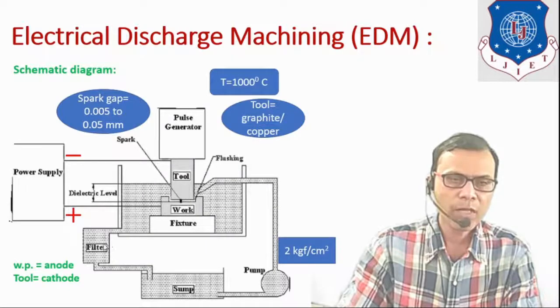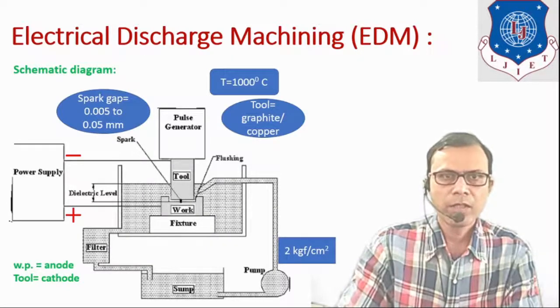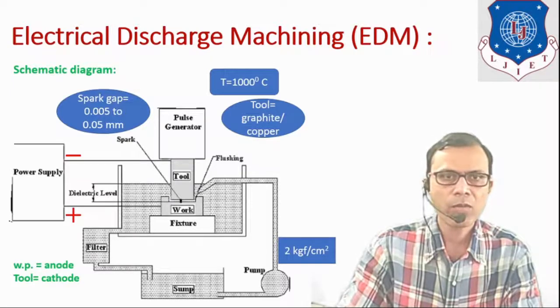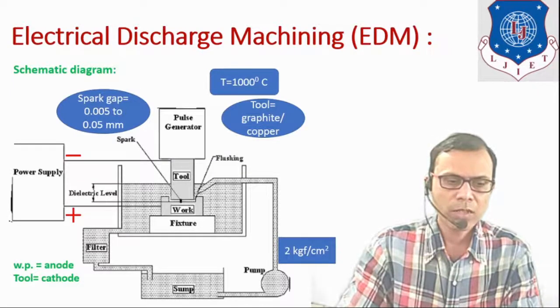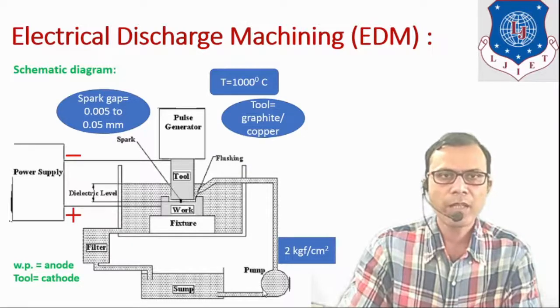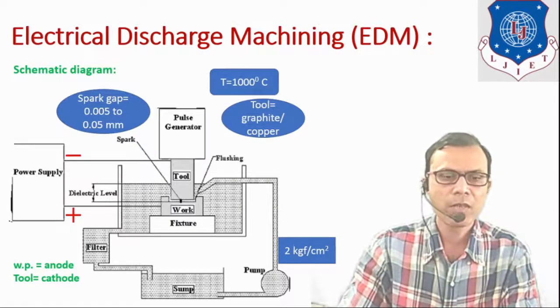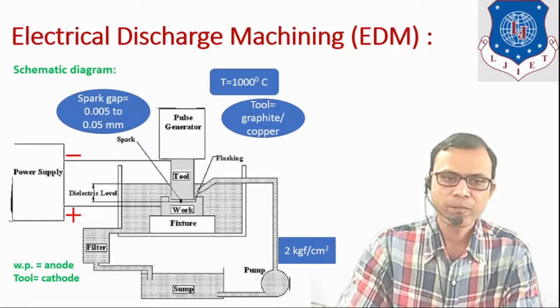The purpose of the filter is to provide clean dielectric medium at the interface of cutting tool and workpiece. The dielectric medium is collected in the sump through the filter, and the pump is used to supply and maintain the circulation of dielectric fluid at approximately 2 kgf per cm square pressure.